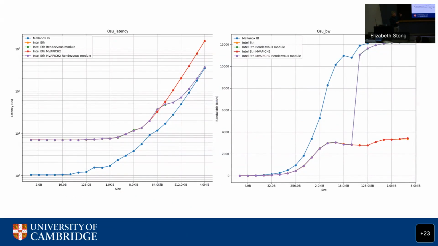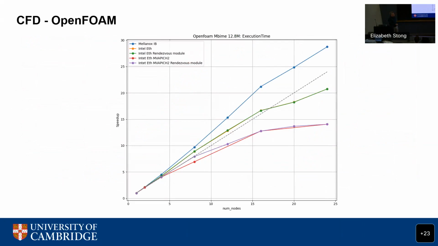There is an environment variable you can tweak for the rendezvous threshold size on the Intel case that makes the right-hand graph a bit smoother. The reason we've got the unsmooth version is it's not currently the default, and so Intel are looking at possibly making that the default in a later release of the software.